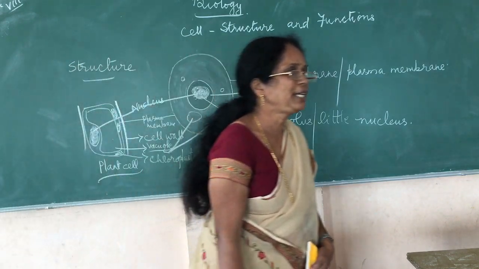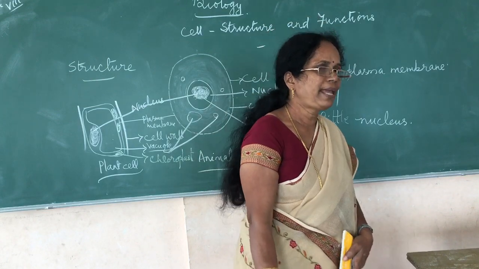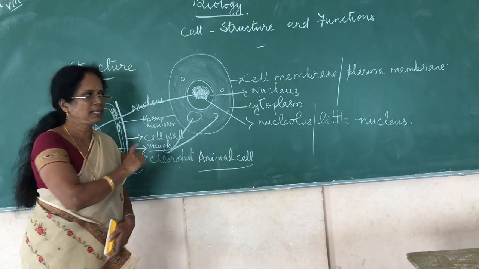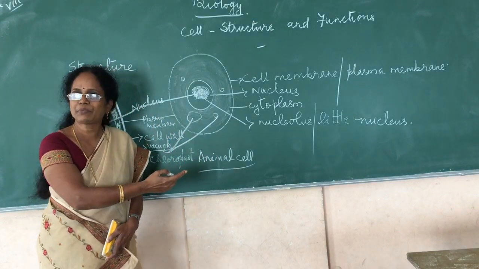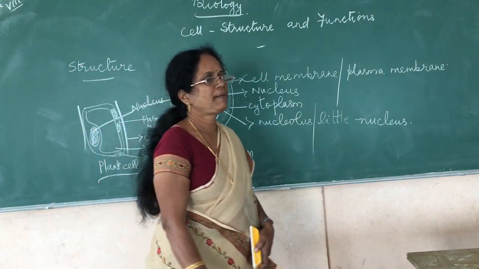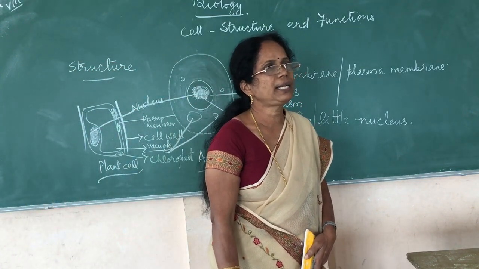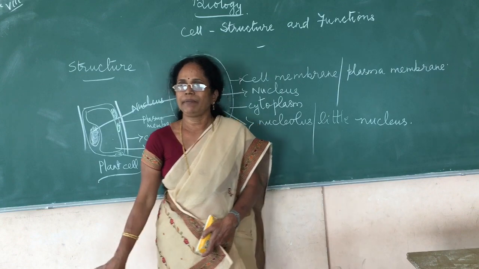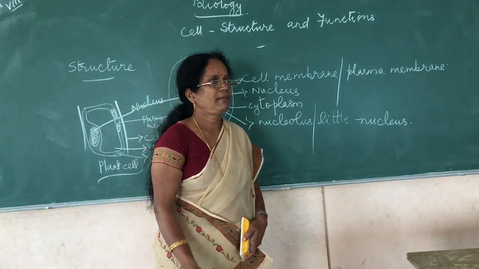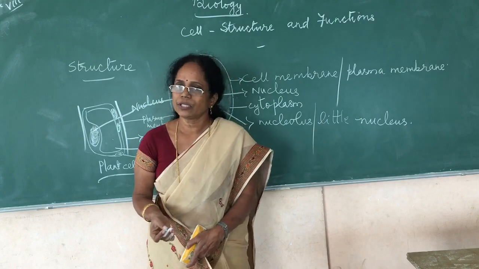You should know the differences between plant cell and animal cell. Chloroplast present here, chloroplast absent here. What is a chloroplast? Chloroplast is an organelle present in plant cells containing green pigment which is involved in photosynthesis.